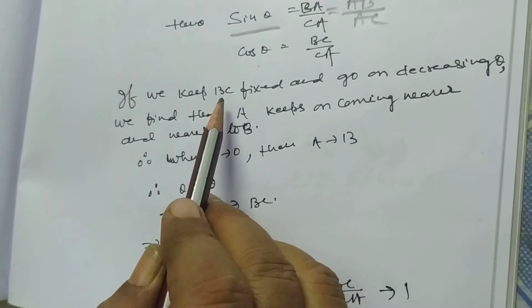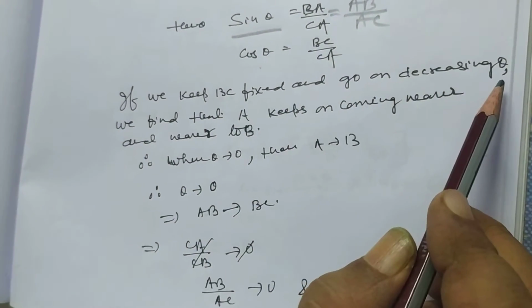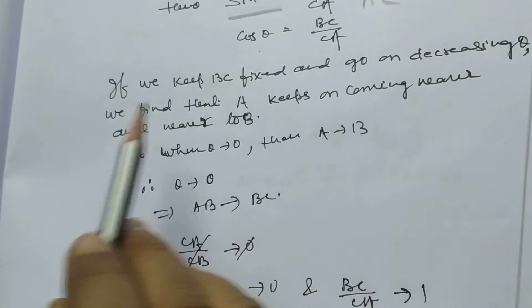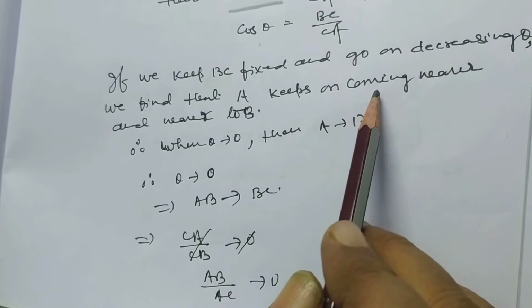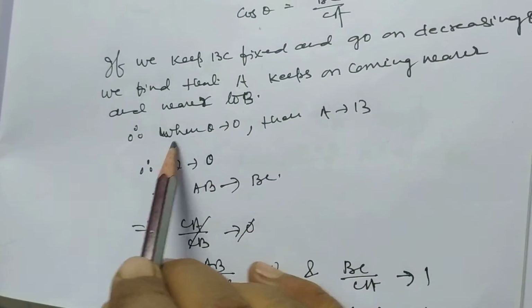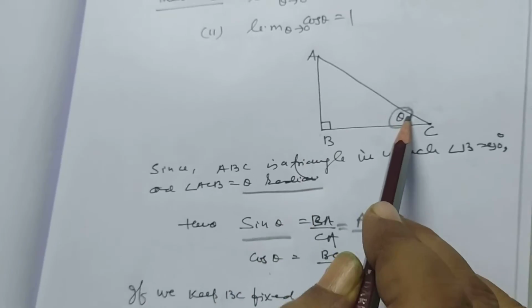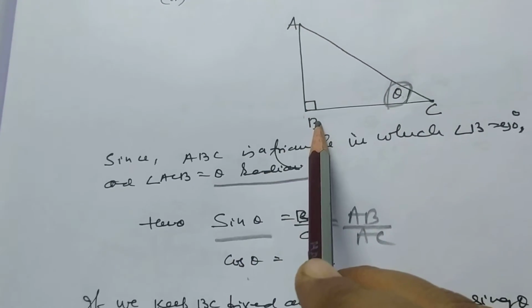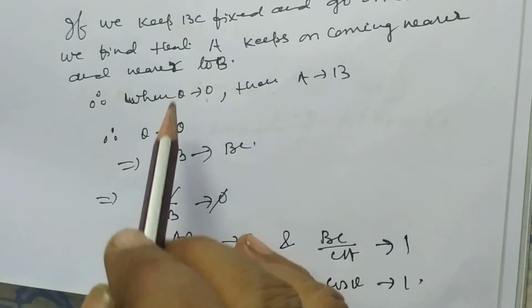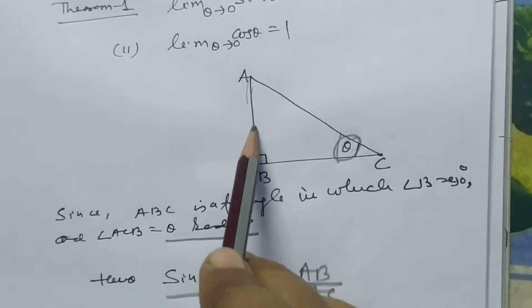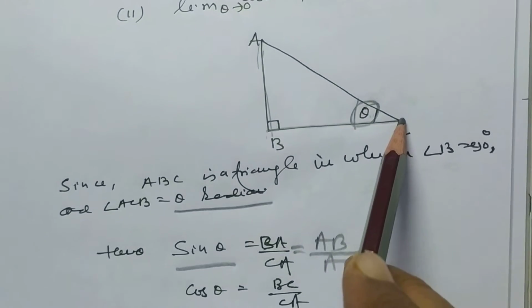If we keep BC fixed and go on decreasing theta, we find that A keeps on coming nearer and nearer to B. When theta tends to 0, then A tends to B. This implies AB tends to 0 and BC tends to AC.